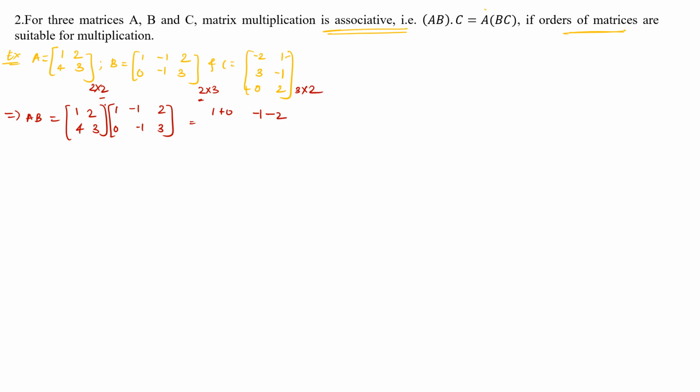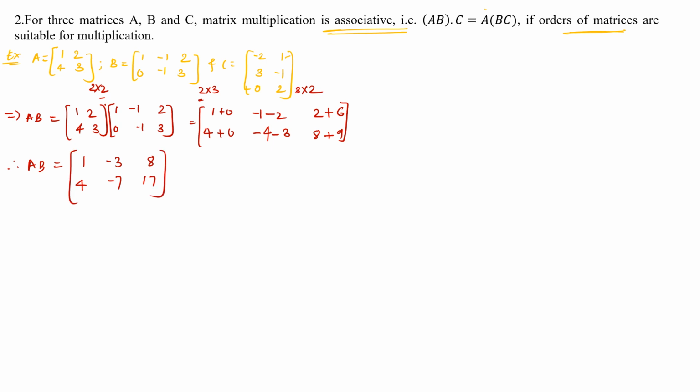Then the third element: 1 into 2 is 2 plus 3 2s are 6. Next this is going to be 4 plus 0, minus 3 minus 3. I'm sorry, this is going to be minus 4 minus 3 and 4 2s are 8 plus 9. So what is the matrix? Therefore AB is equal to 1 minus 1 minus 2 minus 3 8 4 minus 7 and 17.